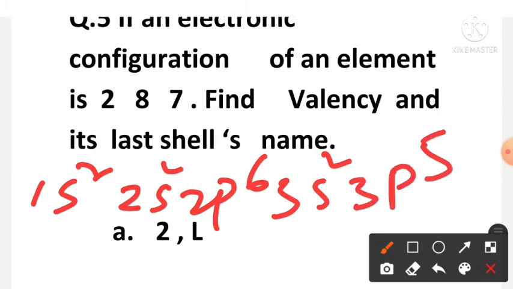So first we derive the valency. We know that valency is the combining capacity of any element. So we derive the valence electrons, then derive the valency. And for the last shell, we know there are the K shell, L shell and M shell. So we have to choose the correct option. Now we see the next question.